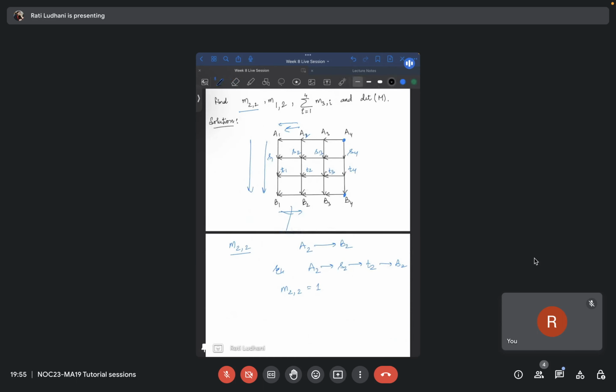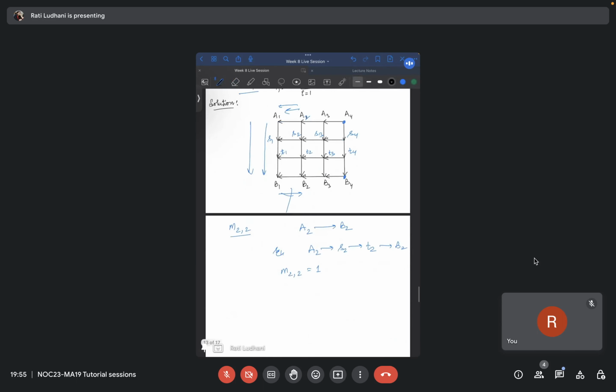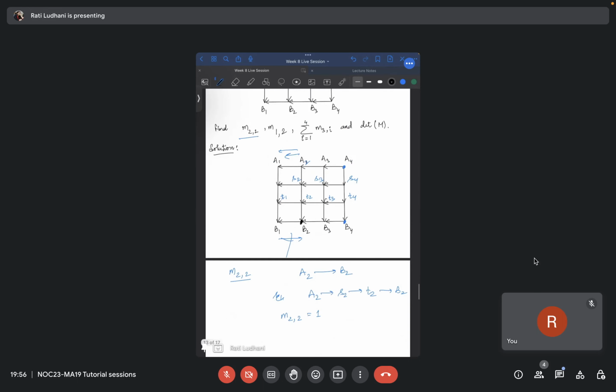So you have A1 to A2. At this level you need to reach. Now again you cannot go rightwards, but if you come from the left, there is again one, not even one.